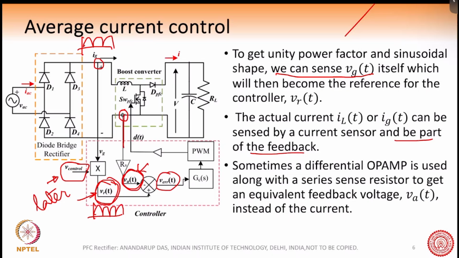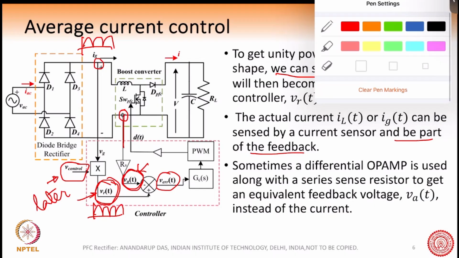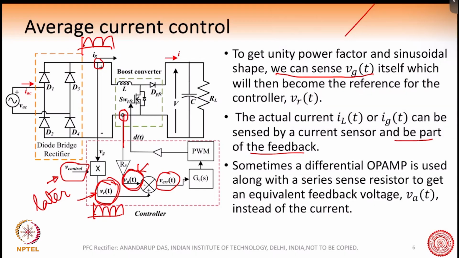Now, one thing you can also do: many commercial manufacturers sometimes use an op amp here. There is a very small series resistance here. They take the voltage across it and put it into an op amp to get a corresponding voltage out of it.